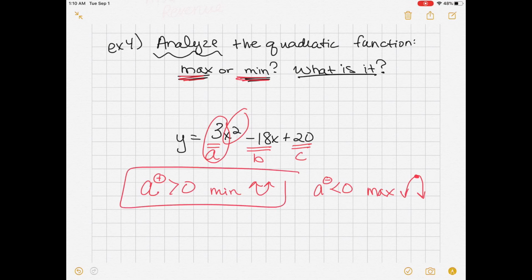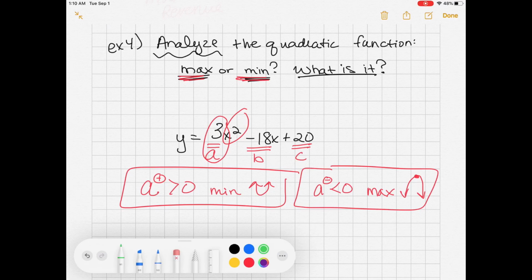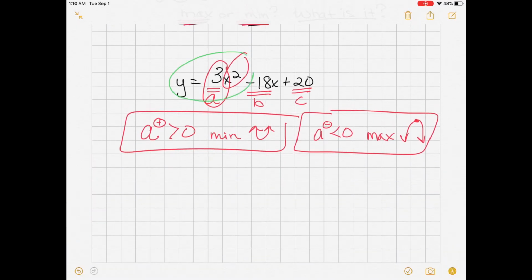We remember those two little pieces of information to help us decide which we're dealing with. So let's look at our function right here. What's our value for A? It's a positive 3. Because it's a positive 3, the shape of the function will look like a happy face, and the vertex is down here, it's low. So this is going to be a minimum value.